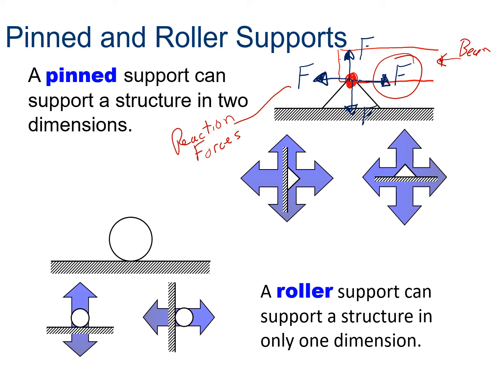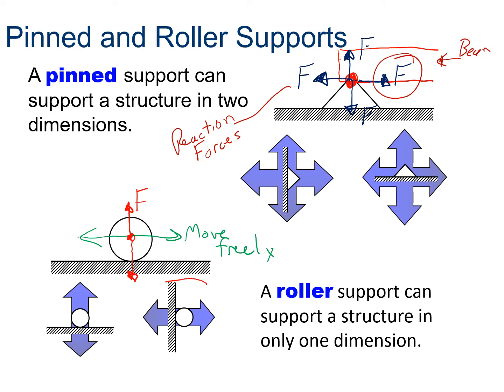Now, a roller is allowed to move side to side. So it's free to move side to side. But of course, because it's on a surface, your reaction forces could be up or down if the roller is placed on a surface.